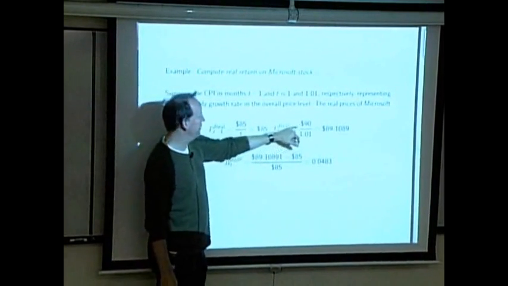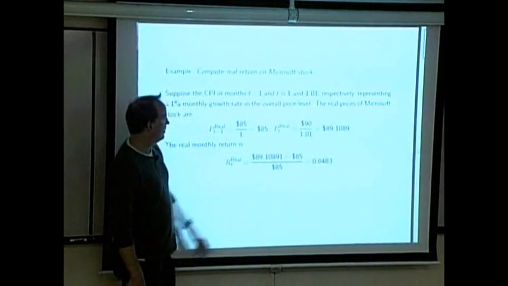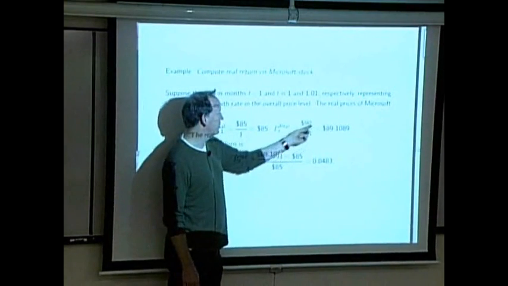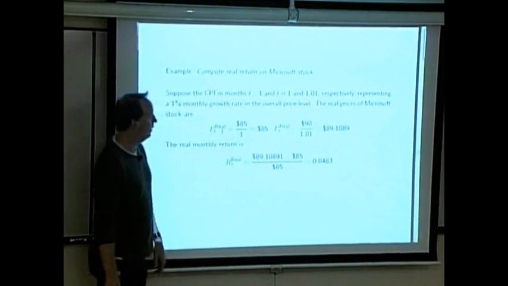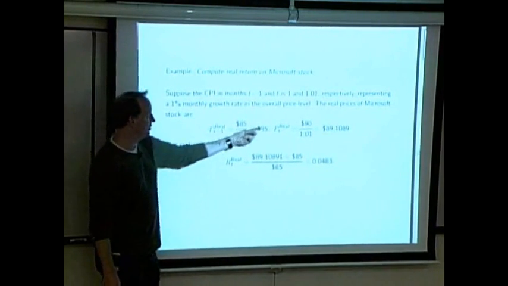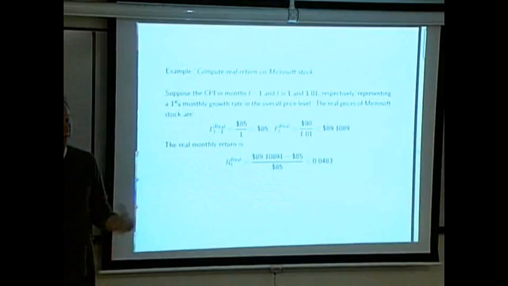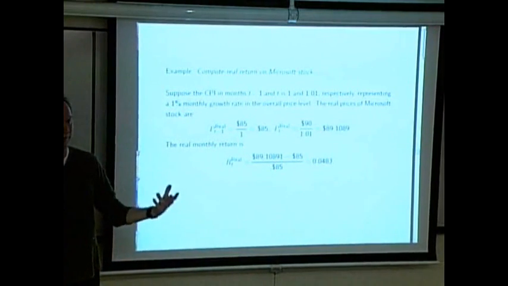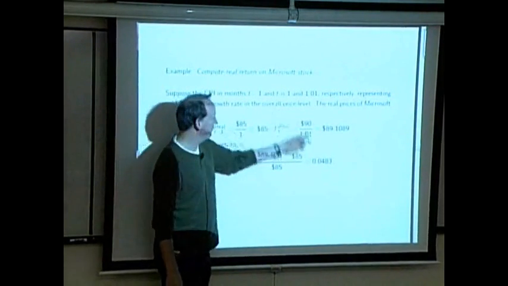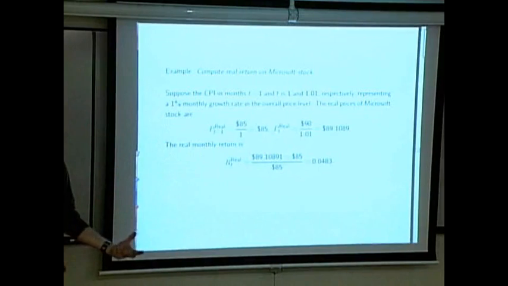Our real price at time t would be 90 divided by 1.01. And so we see the effective inflation has reduced the nominal price. And then our real rate of return over the month is the percentage change in the real price. It would be 4.83%. So before inflation, we had a nominal return of 5.88%. With 1% inflation, our return has been decreased by approximately 1%.